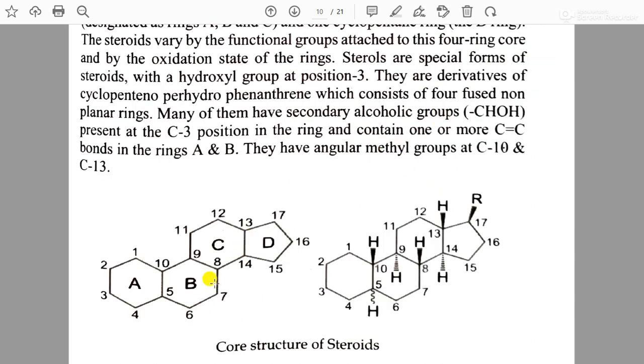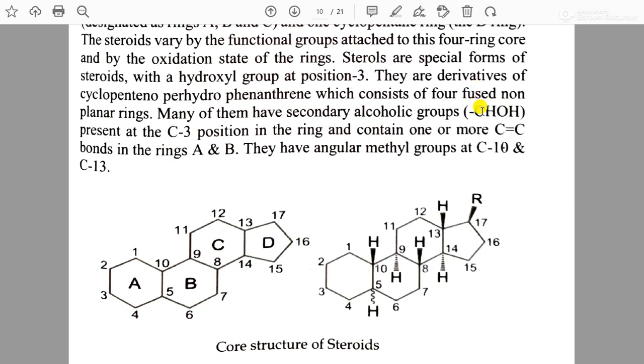Now let us come back to this core structure of steroid. Many of them have secondary alcoholic groups. A secondary alcoholic group means an OH group attached to a carbon, which is in turn attached to 2 other carbon atoms.